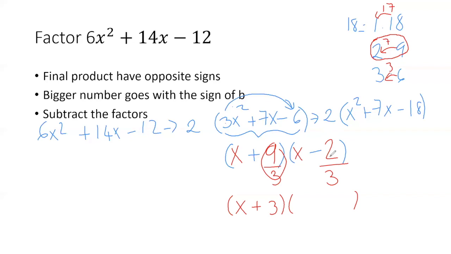Now this factor, 2 over 3, I cannot simplify this fraction, so I have to get rid of the fraction by kicking the number up to the front. So it becomes 3x minus 2. And then I bring down the 2, the GCF, to have the final answer.